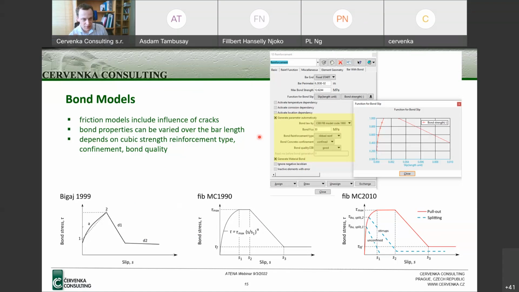And based on this, ATENA will automatically calculate the reinforcement corrosion, and through this dependency, which is inputted as a relative function of the corrosion degree, the bond will be reduced.